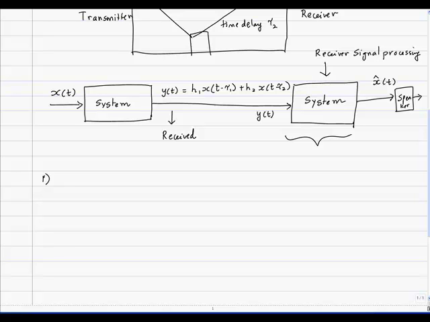In order for me to design this system, what I first need to understand is the precise relationship between y of t and x of t, which means I need to know the parameters h1, tau 1, h2 and tau 2, so that I can try to process y of t and get x of t back from y of t.